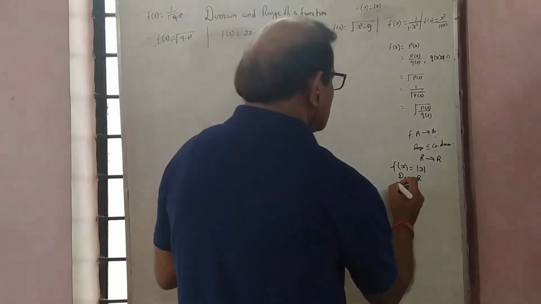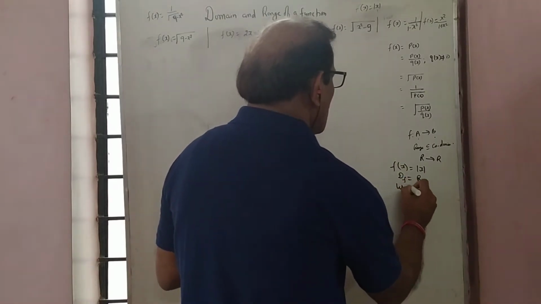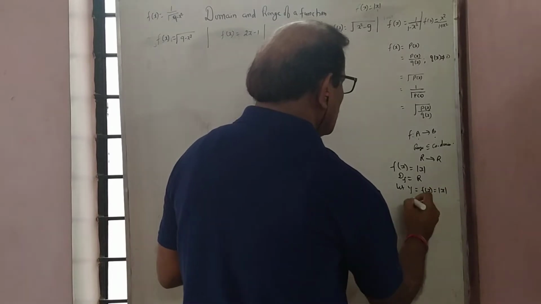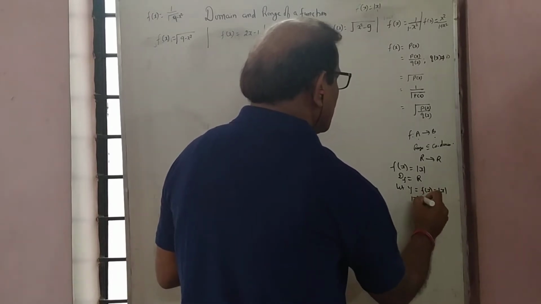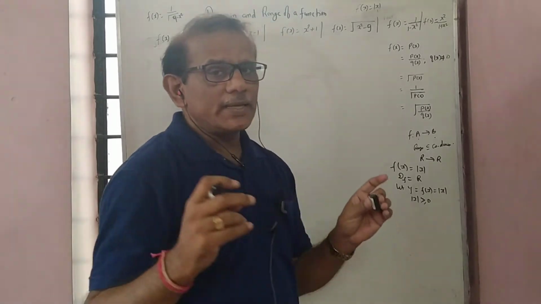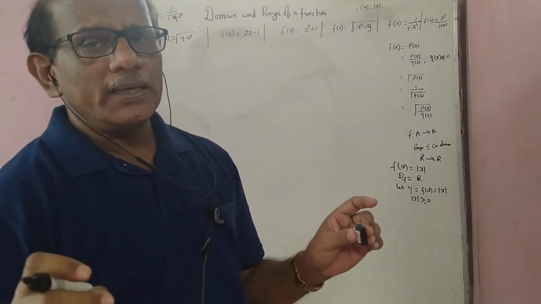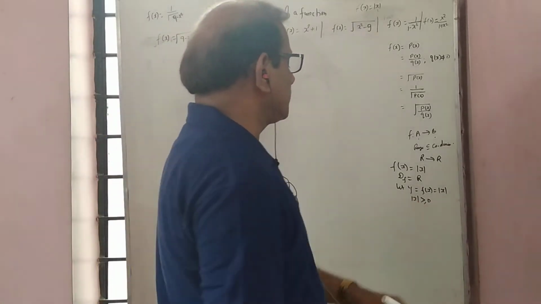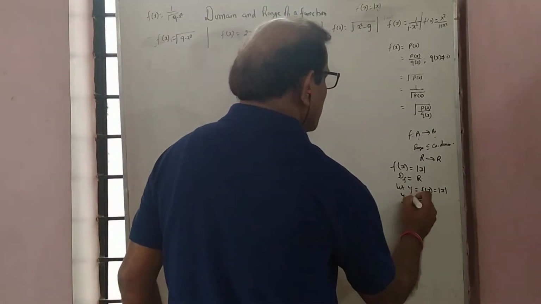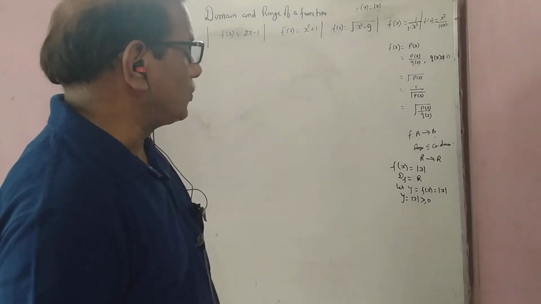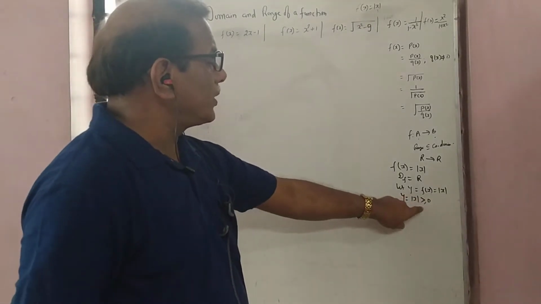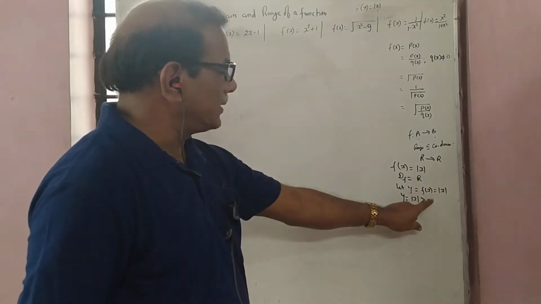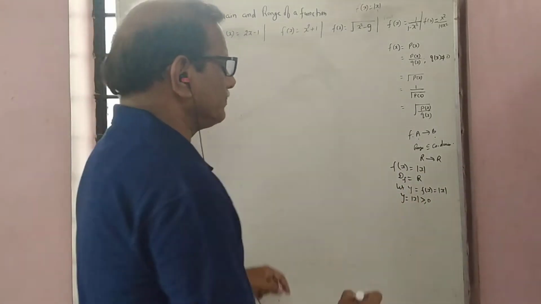As far as range is concerned, let y = f(x) = mod x. As you know, mod of x is greater than or equal to 0. Modulus is absolute value; it cannot be negative. Either it is positive or it is 0. So y is greater than or equal to 0. Means for any value of x, y is either 0 or positive.